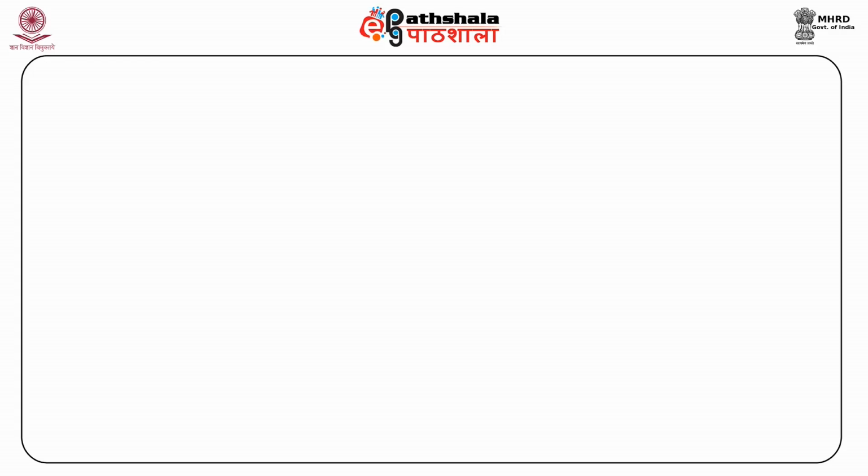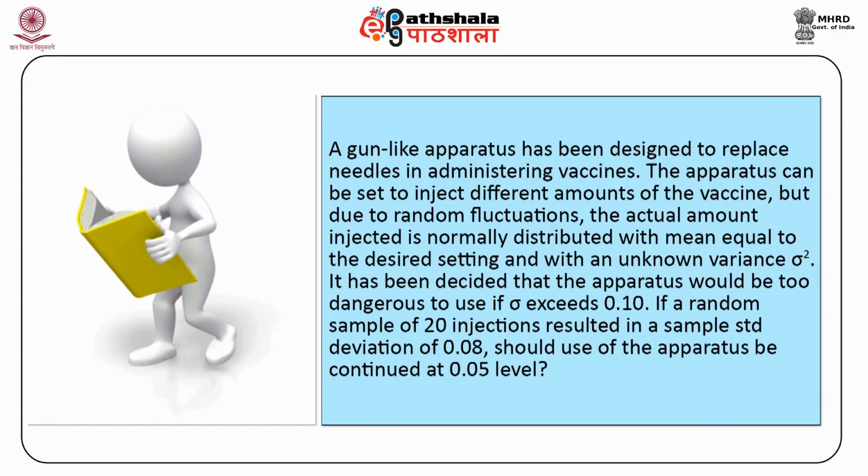Explaining it with the help of an example: a gun-like apparatus has been designed to replace needles in administering vaccines. The apparatus can be set to inject different amounts of the vaccine, but due to random fluctuations, the actual amount injected is normally distributed with mean equal to the desired setting and with an unknown variance sigma squared.